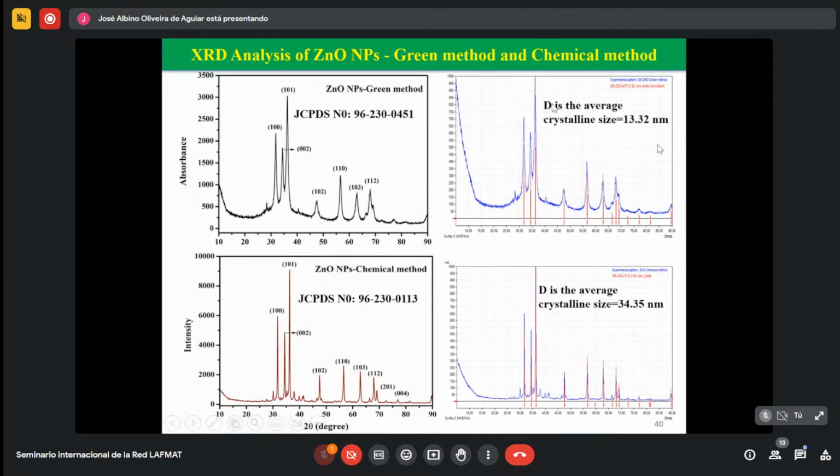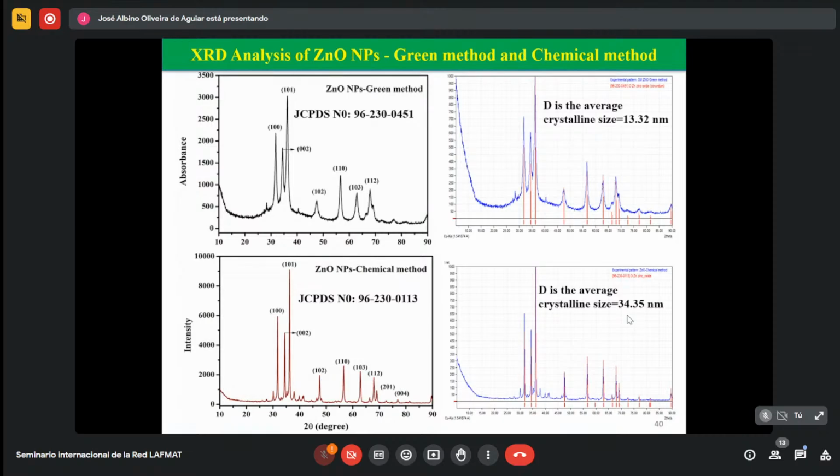For the chemical method, the average crystalline size increased. See here, the green method is less than 15 nanometers, but the chemical method is 34 nanometers. It is a large change in the size of the material. That is the comparison of the chemical and green methods under similar conditions.